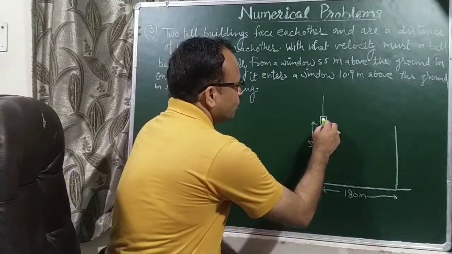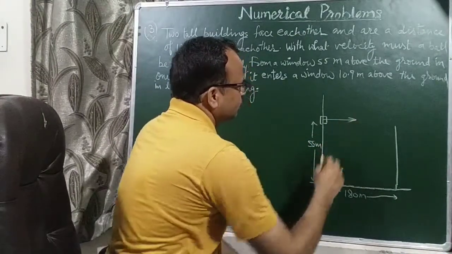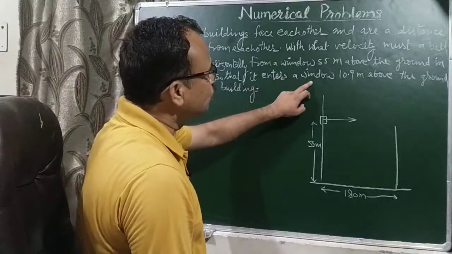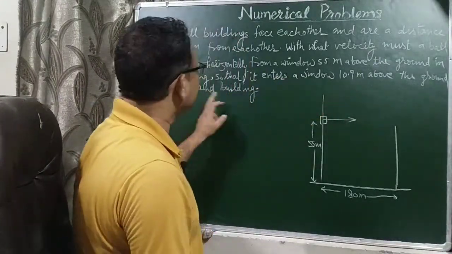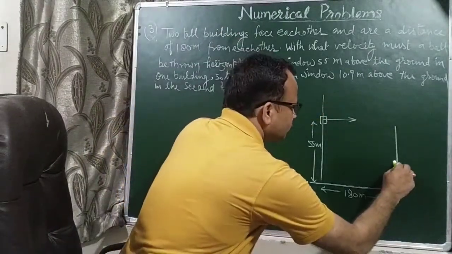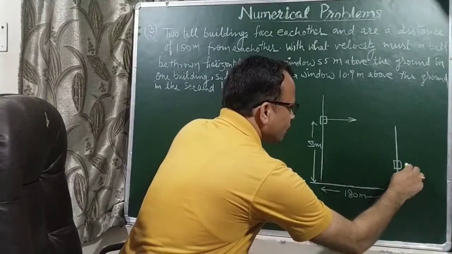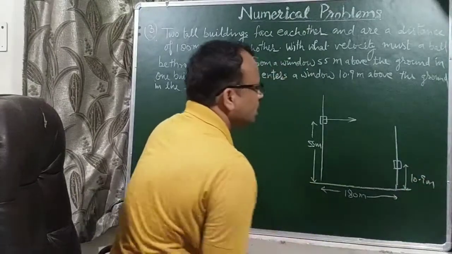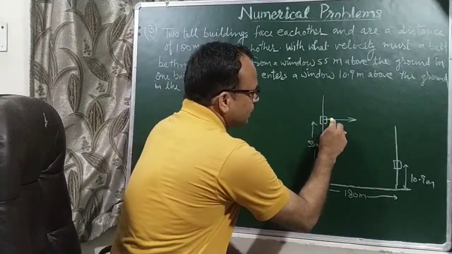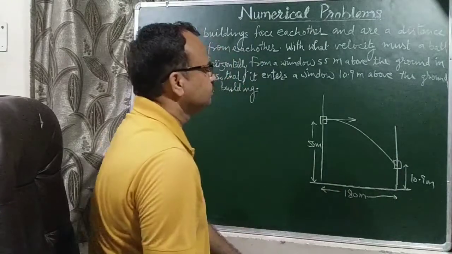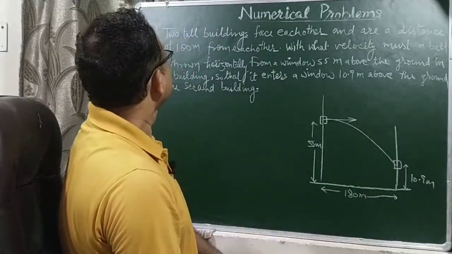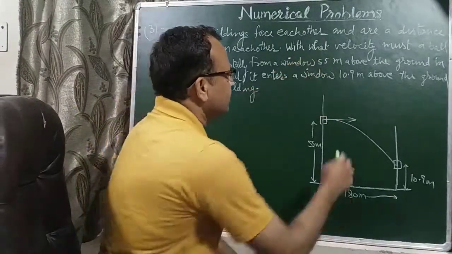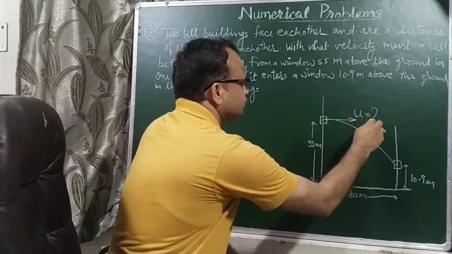A ball is thrown horizontally from this window, so that it enters a window 10.9 meter above the ground in the second building. So in this building, this is the window which is 10.9 meter from the ground, and this ball should enter this window. Okay. Clear? So we have to calculate this velocity.